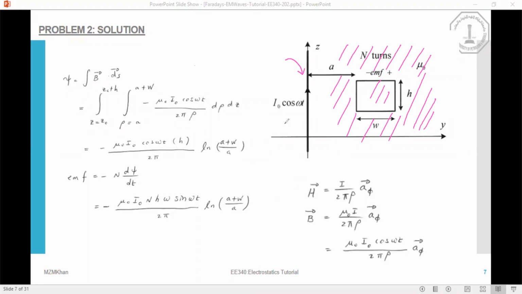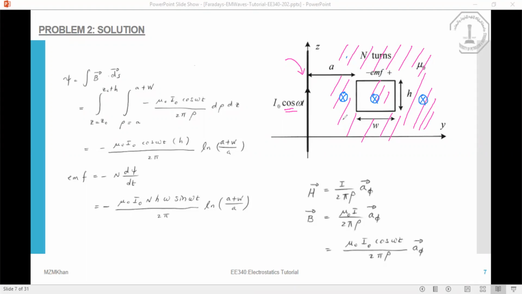This is my infinitely long straight filamentary conductor carrying a time varying current. We know that this time varying current will introduce the magnetic field in the phi direction. The phi direction will be going into the screen, so it will generate the magnetic field in this direction.